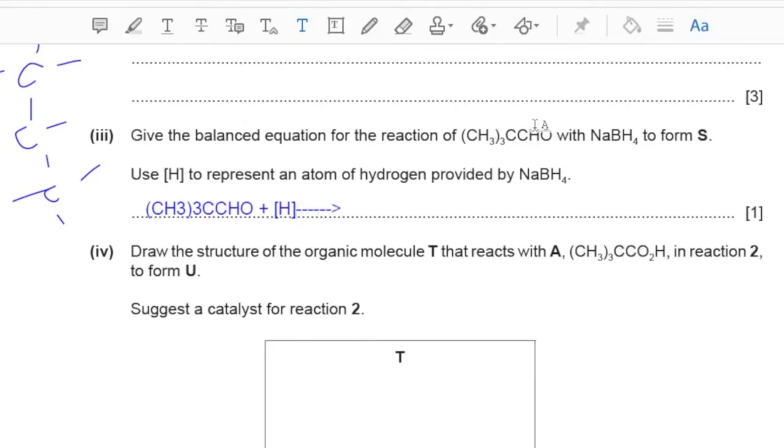So reduction of an aldehyde gives a primary alcohol. I should write H2 too, to balance the equation.